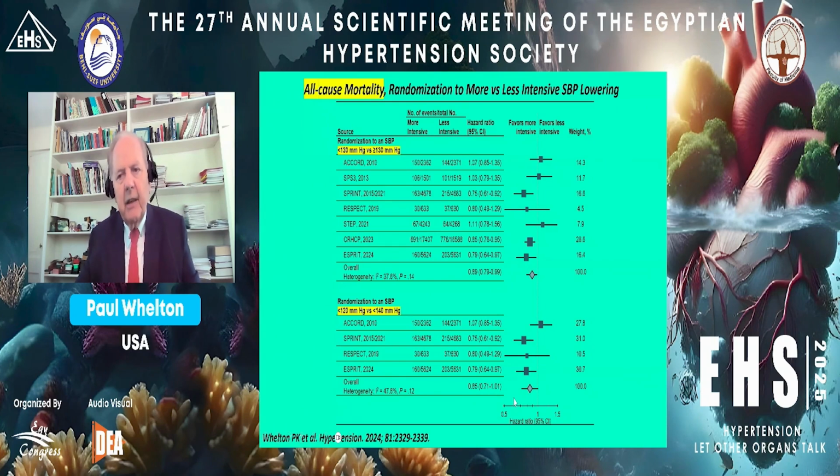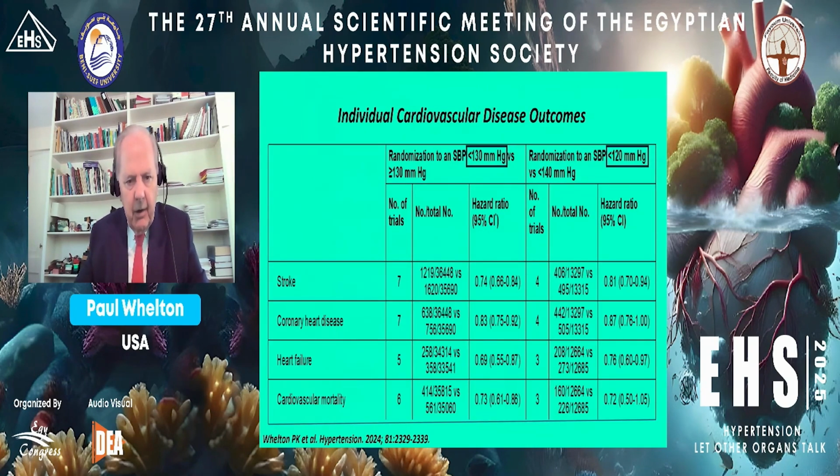I should say that all of these analyses are done using what's called a random effects model. That's a very conservative model that makes no assumptions about the trials. It doesn't assume they're showing the same benefit, the same results in every trial. So pretty convincing for all-cause mortality, very convincing for cardiovascular outcomes.